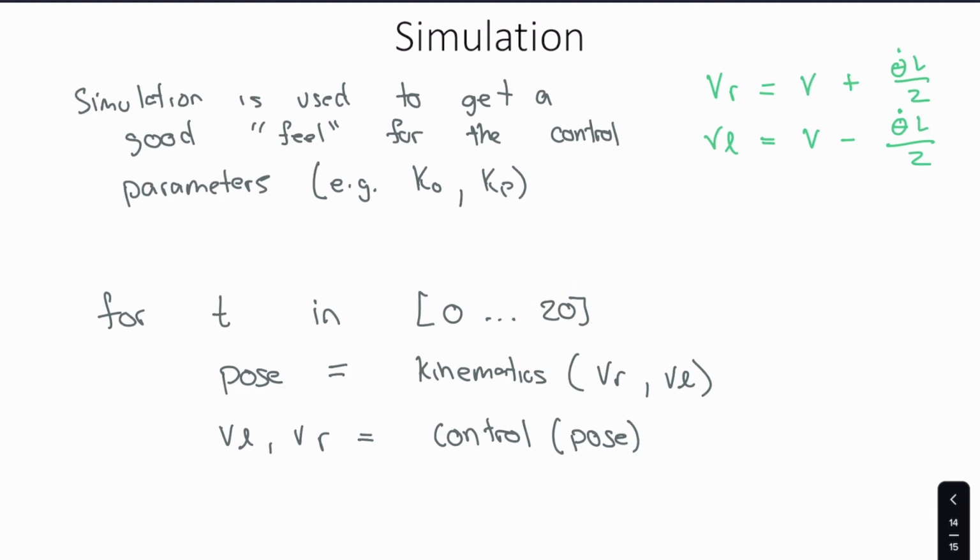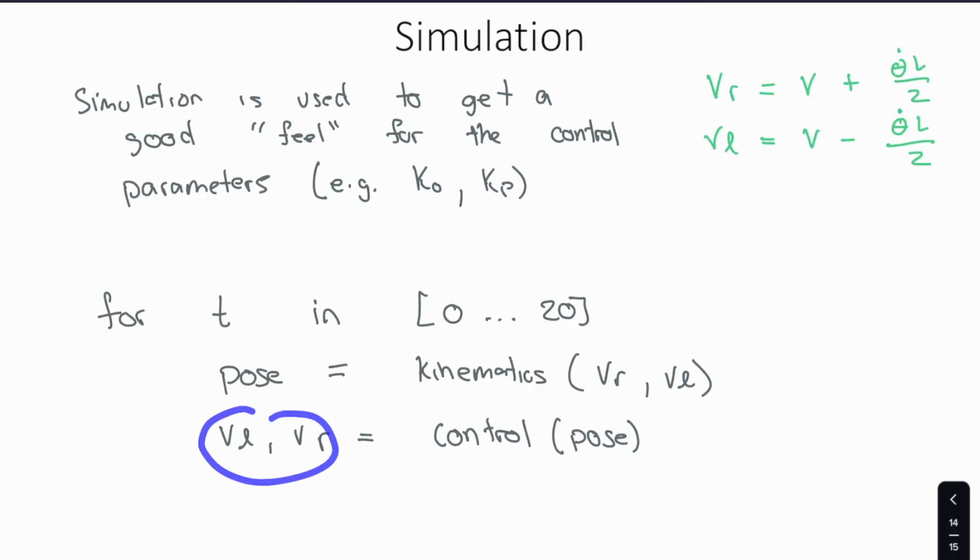The idea being that if you start at some location, your VR and VL might start out to be 0, and you'll have a current pose. And then your control law, given your current pose, will compute the appropriate values for VL and VR, depending on values of V and theta dot for both equations.